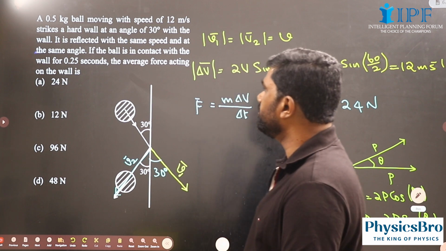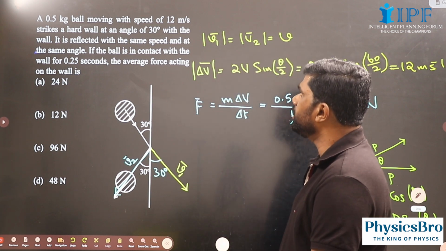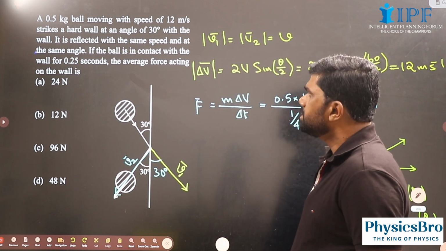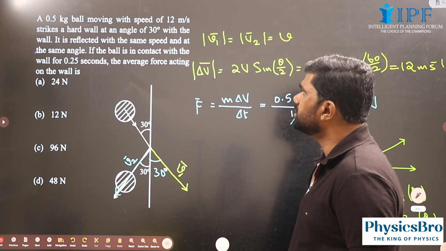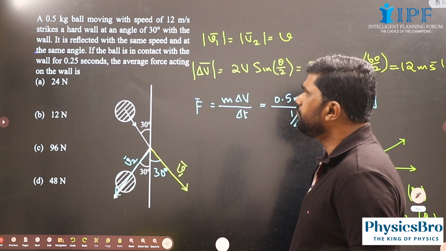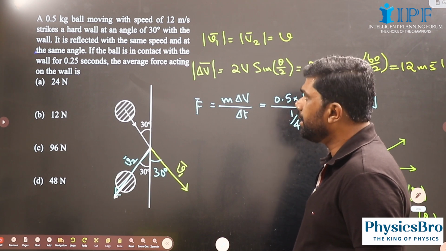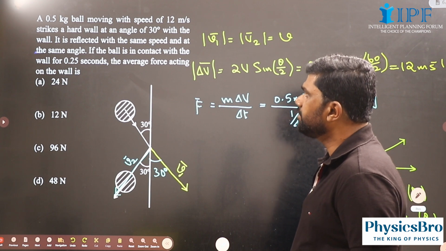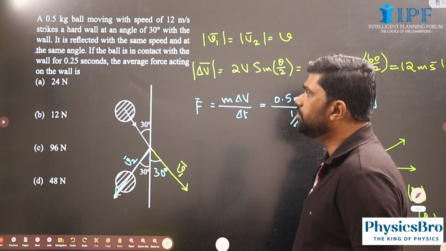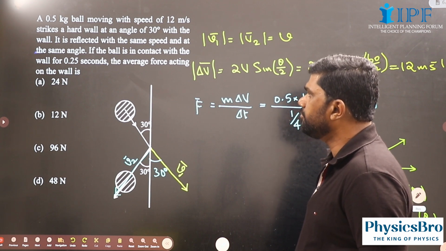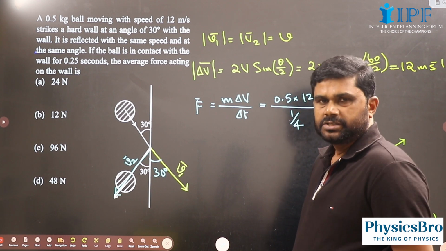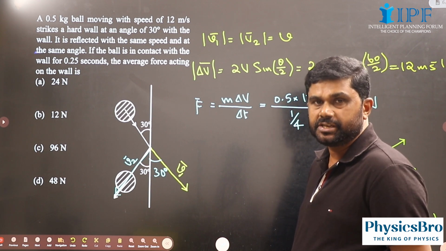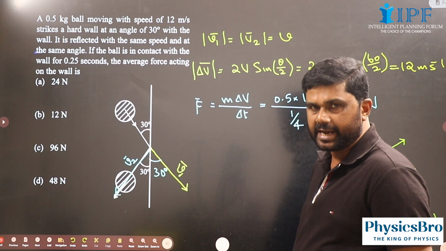Okay, a 0.5 kilogram ball moving with a speed of 12 meter per second strikes a hard wall at an angle 30 degree. It is reflected with the same speed at the same angle. Fine. If the ball is in contact with the wall for 0.25 seconds, the average force acting on the wall is. See, force will be change in momentum divided by time.